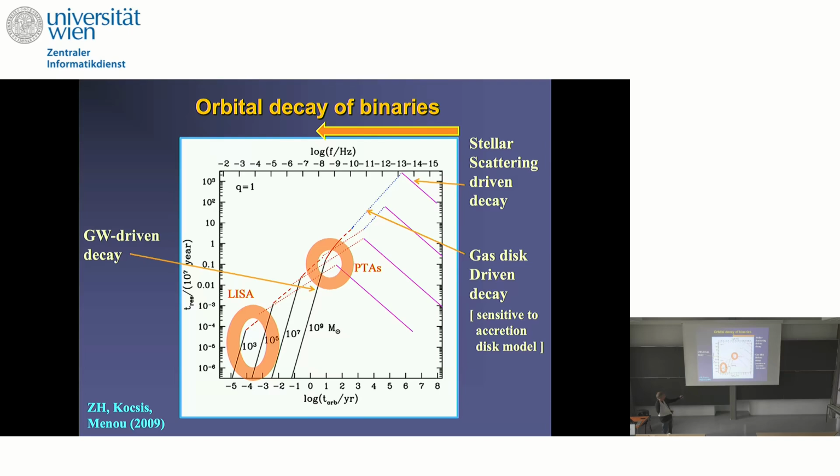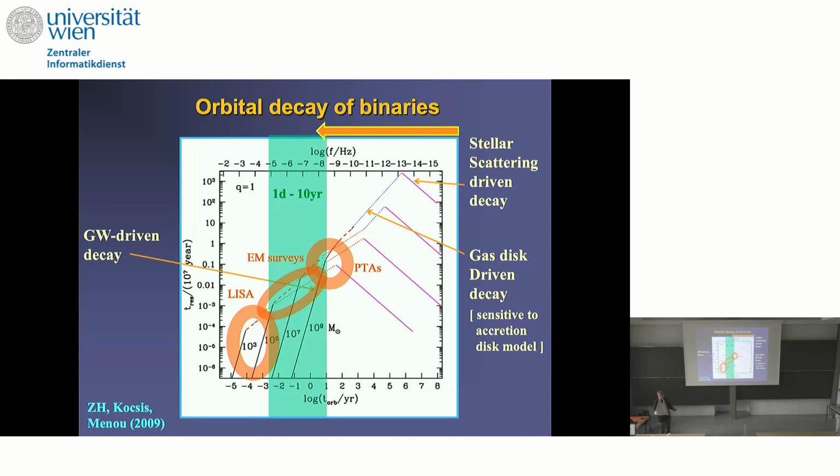In the pulsar timing arrays, this is a 10 to the 9 solar mass binary, and it's actually transitioning from gas-driven to gravitational wave-driven at around nanohertz. That's very interesting, because it means that when you're observing nanohertz gravitational waves, the binaries that are sourcing them could be affected by the presence of gas.